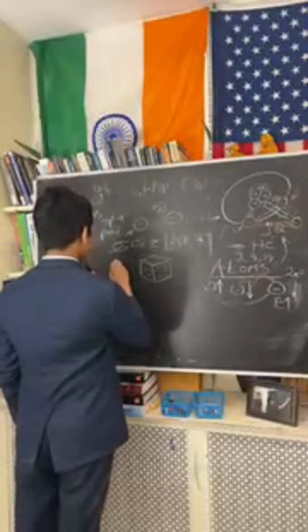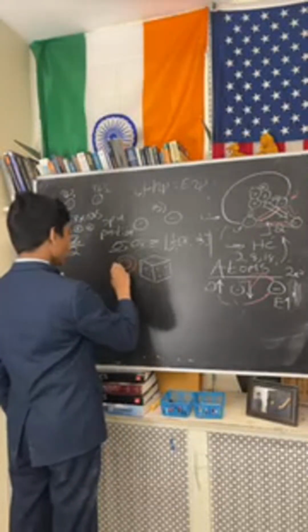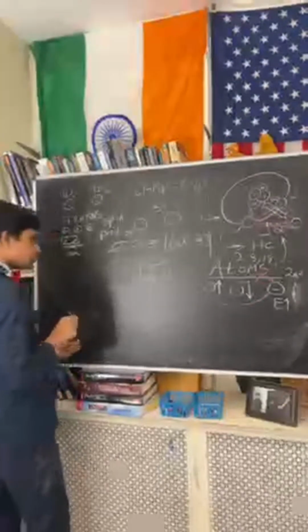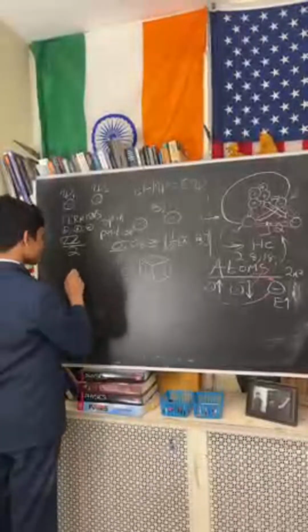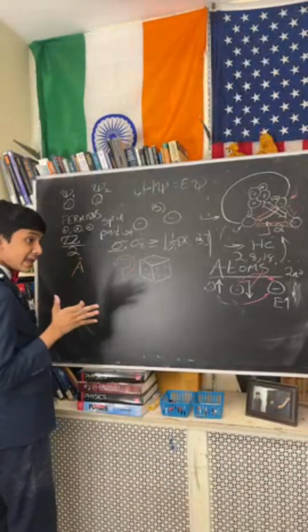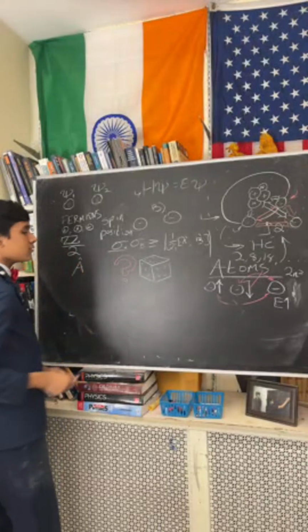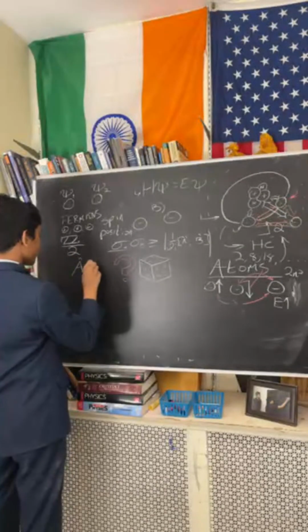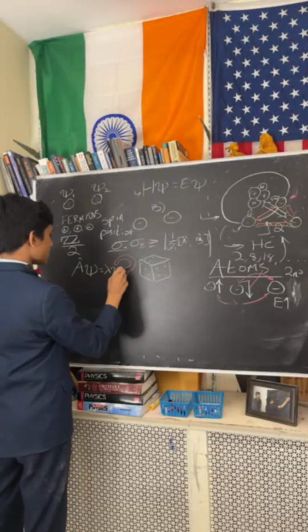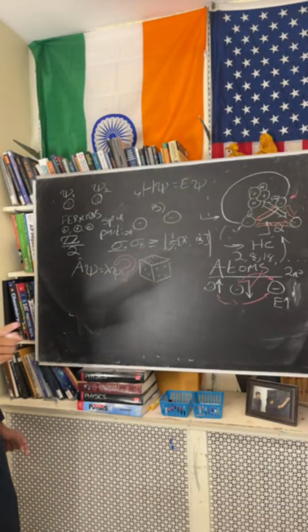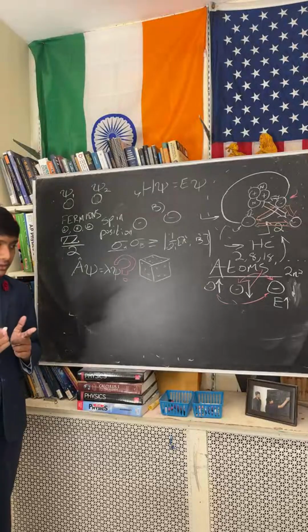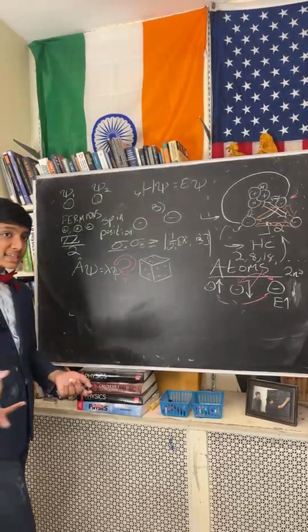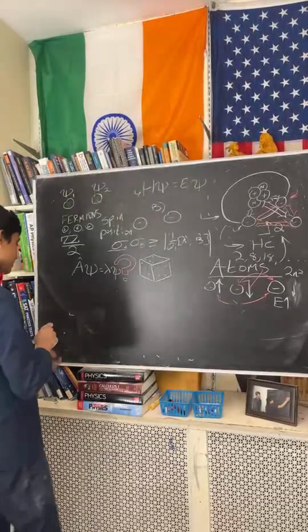But how? Well, just as a callback, we now have operators that can take on eigenvalues, which is what we explored with the angular momentum operator, and they can take on expected values, which is a callback to the probabilistic nature of quantum mechanics.